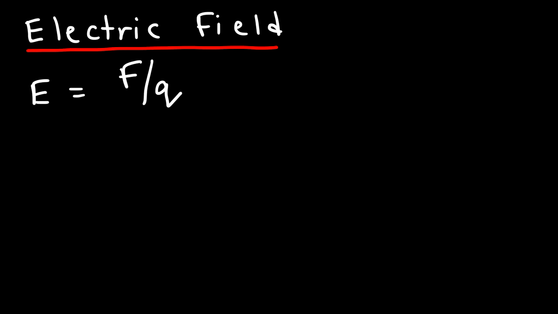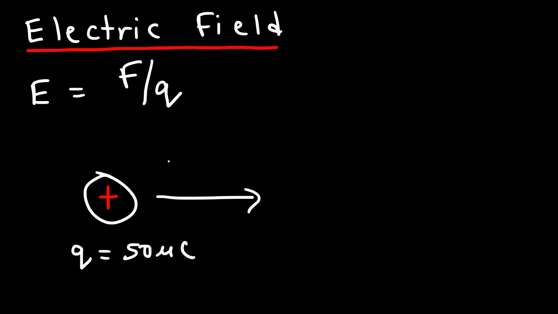So let's say we have a positive charge, and let's say this positive charge has a magnitude of 50 microcoulombs, and it feels a force that pushes it towards the right. And let's say the magnitude of that force is 0.02 newtons. What is the electric field at that point in space?